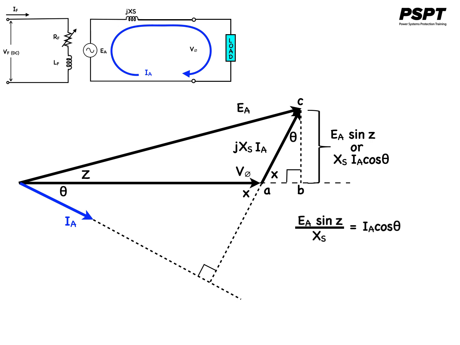And it can be rewritten to this equation, all equated to IA cos theta. And we saw earlier that the output power is equal to 3 times Vφ IA cos theta. So we can replace IA cos theta with EA sine δ all over XS.